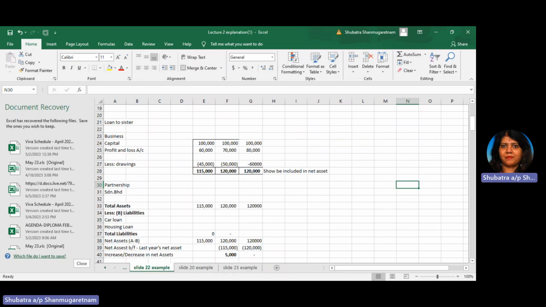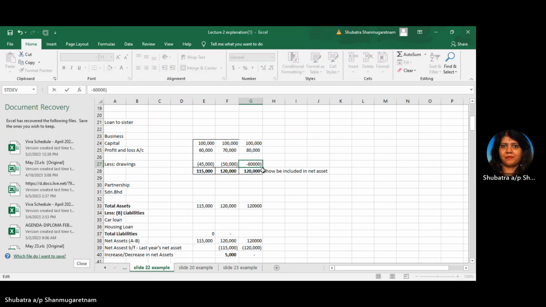Now, you had a share capital of 100,000 for each year. The profit and loss account as stated was 60, 70, and 80. You had drawings of 45, 50, and 60.